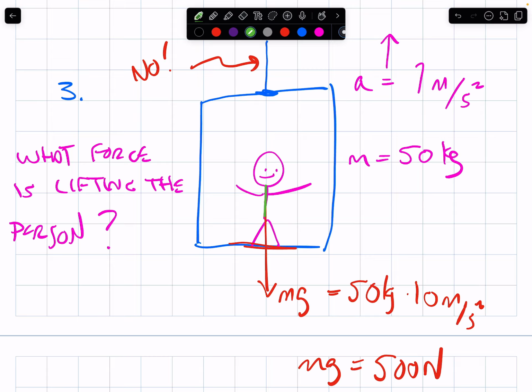So I'm just going to draw it right here. N for normal force. Normal just means it's a math way of saying it's a force perpendicular to the floor, at right angles to the floor. So now we're going to write down Newton's second law and figure out how large that normal force is.